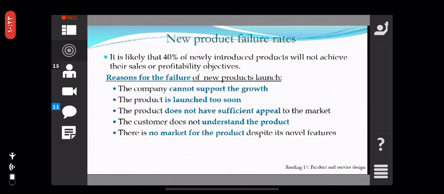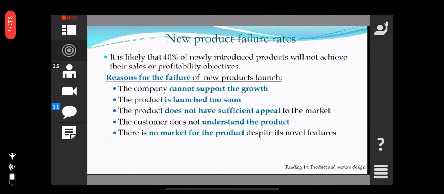According to their study, it is likely that 40% of newly introduced products, when they introduce them for the first time, will not achieve their sales or profitability objectives.